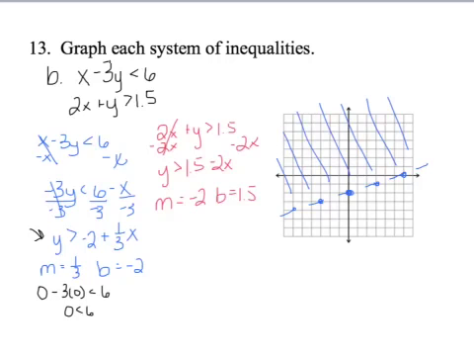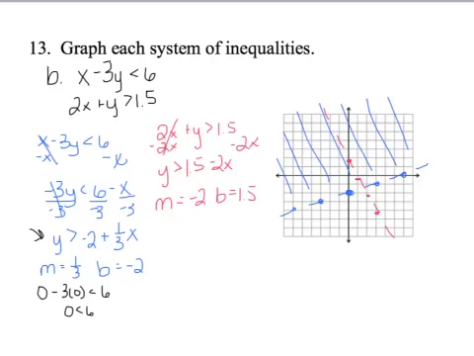So I'm going to go to 1.5. And from there I go down 2 over 1. And I want to use a dash line for this one as well.